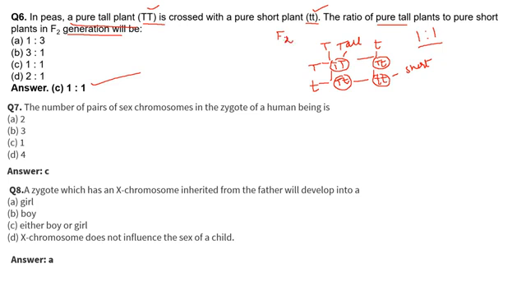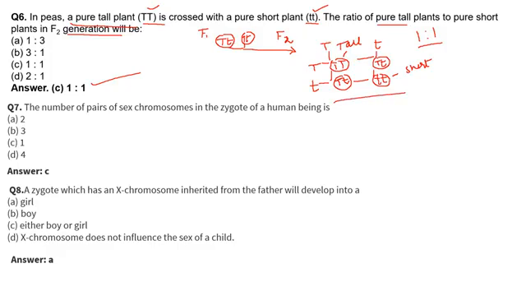From the F1 generation we got the gametes, and the gametes were capital T, small t, and capital T and small t. So these gametes we have taken in the F2 generation, we self-pollinated them and we got this result.